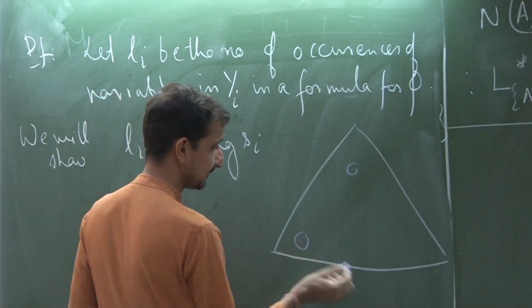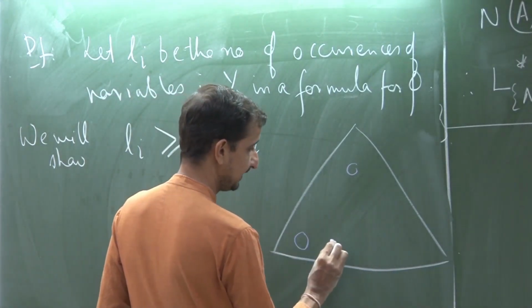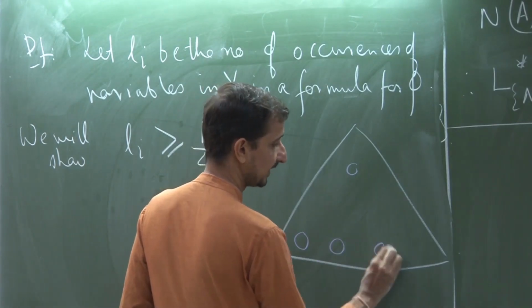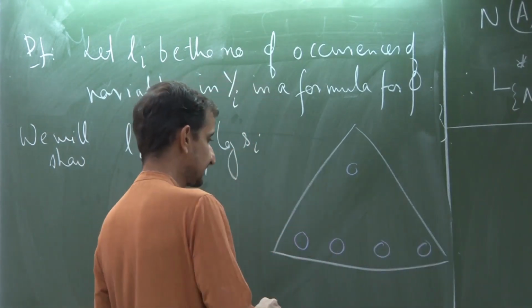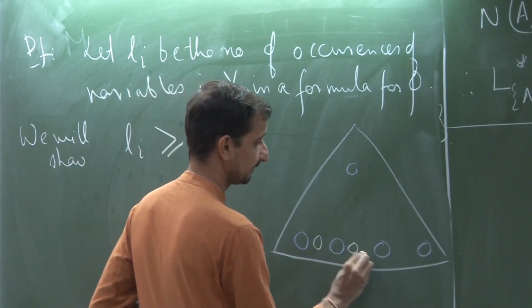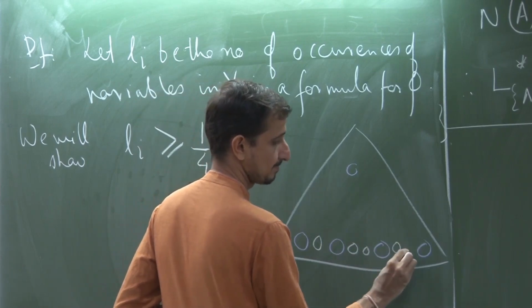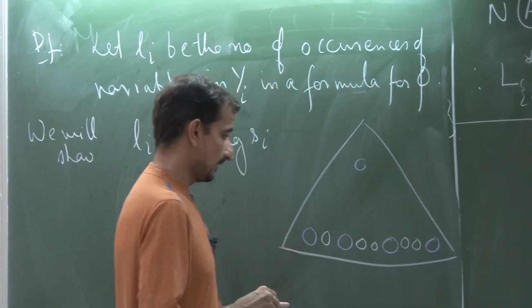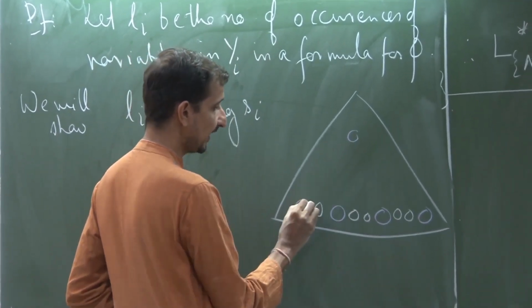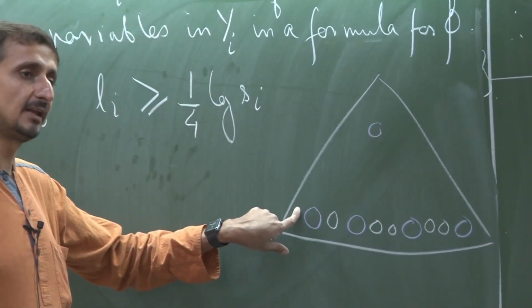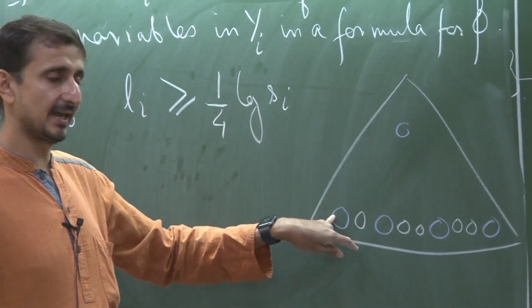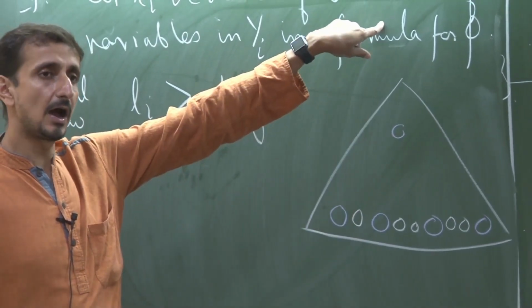Okay. So, let us say this is some input which is belonging to yi, this is another input belonging to yi, and there are certain inputs which do not belong to yi. Okay. Now, look at all the paths from the leaves which belong to yi up to the root node.